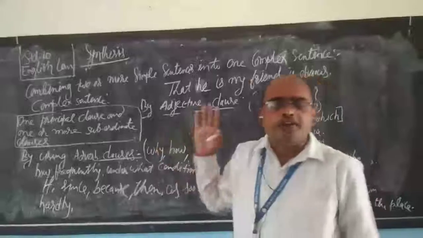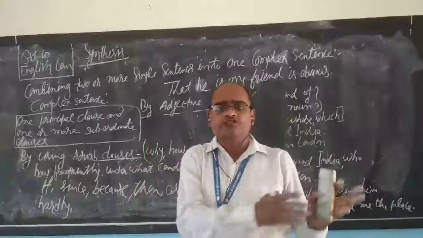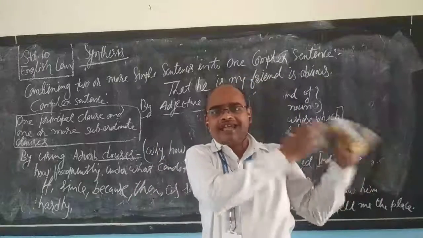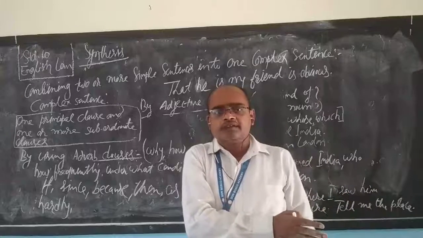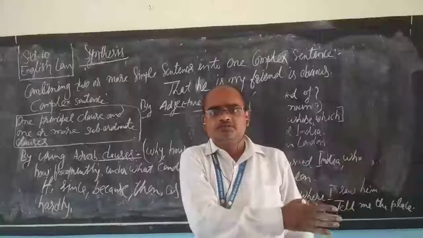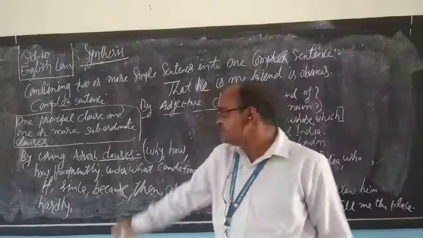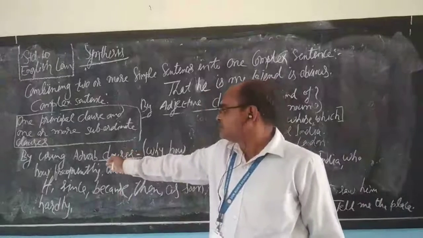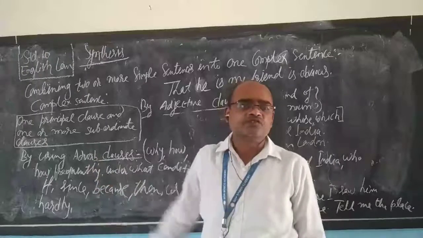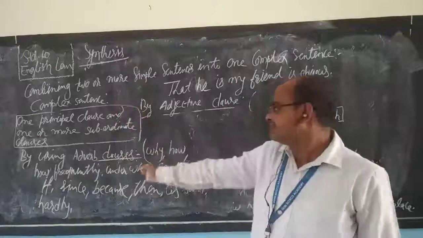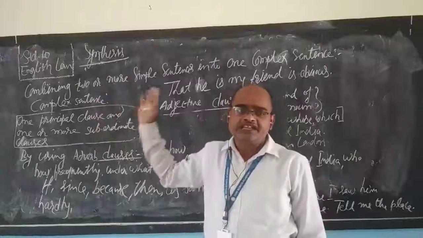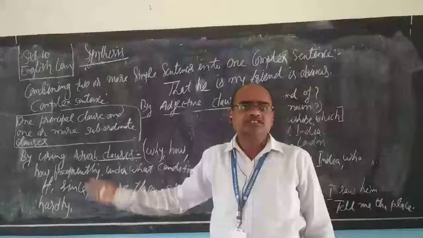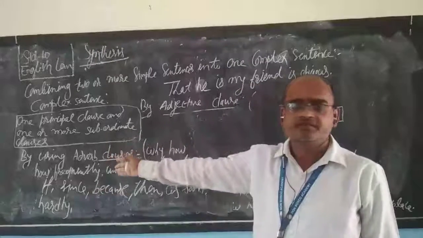Whatever conjunctions you learned as coordinating conjunctions are different from those. Only here will you find subordinate conjunctions. If you find them, that will be a complex sentence. In a complex sentence, there are subordinate conjunctions because subordinate clauses are joined.